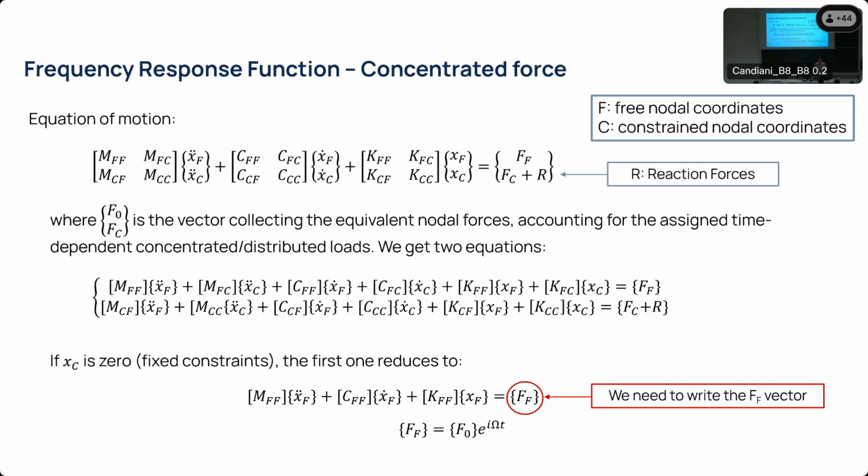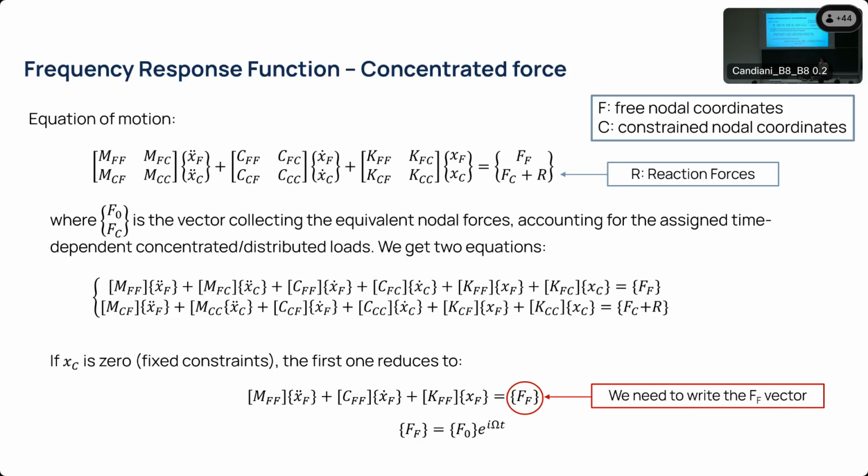We know that in one of the rows corresponding to F_F, our input will go in, because that is the external force which is applied on a specific coordinate. We also know that the values of x_c, x dot_c, and x double dot_c will be equal to 0, because we know that they are constraint coordinates, so they cannot move. The value will always be equal to 0.